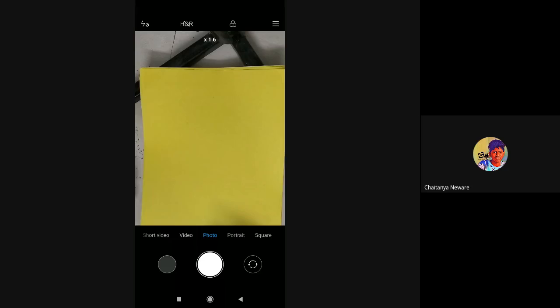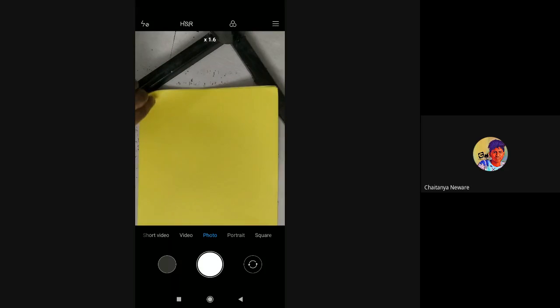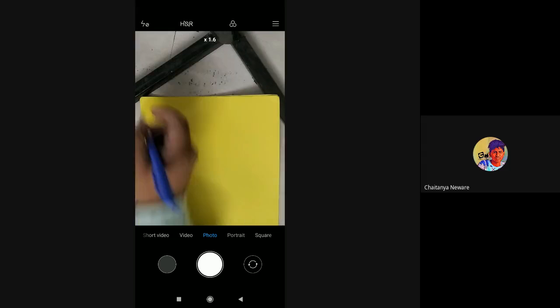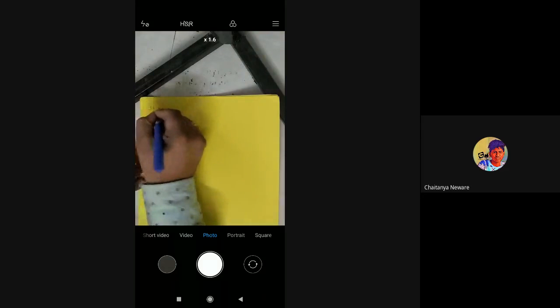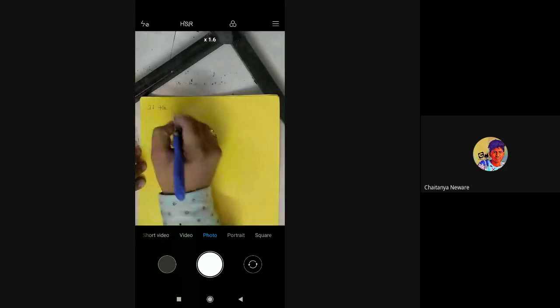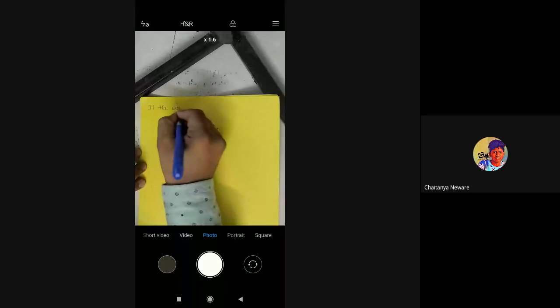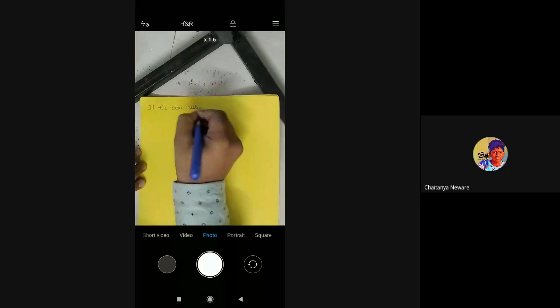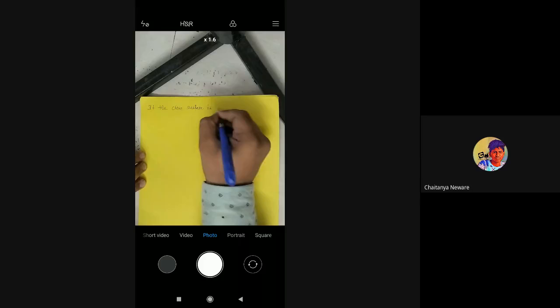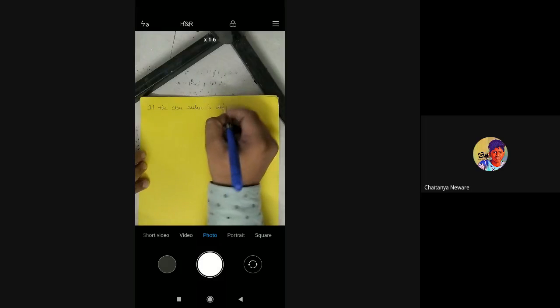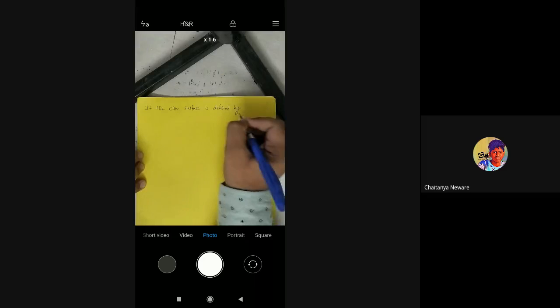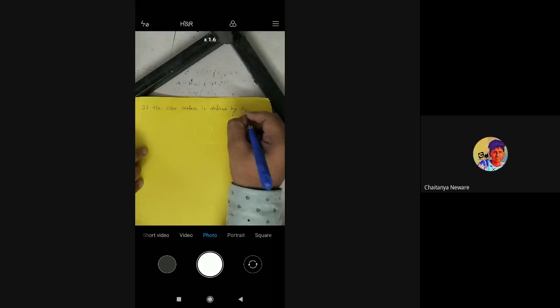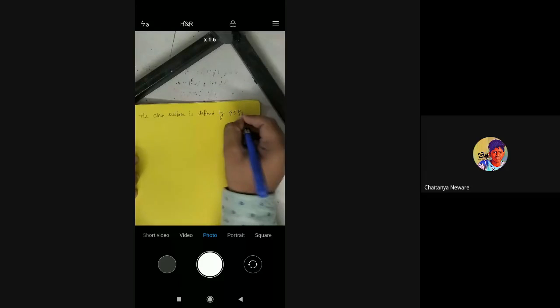Okay. So the next numerical is: if the closed surface is defined by 4 ≤ rho ≤ 6.